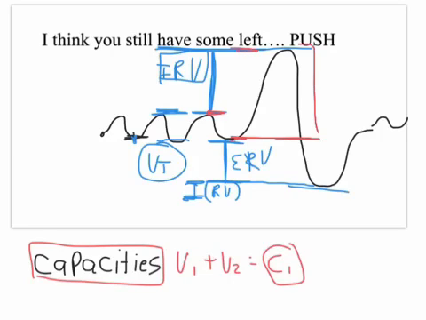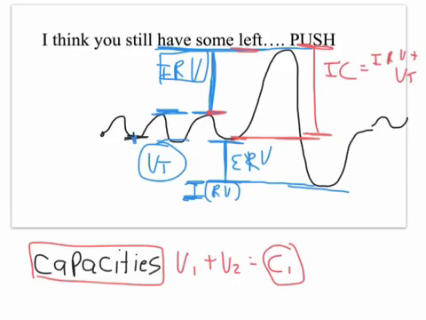I want to go all the way up to here. This is called my inspiratory capacity. So I'm going to put IC, inspiratory capacity. That's going to be equal to the inspiratory reserve volume plus the tidal volume.